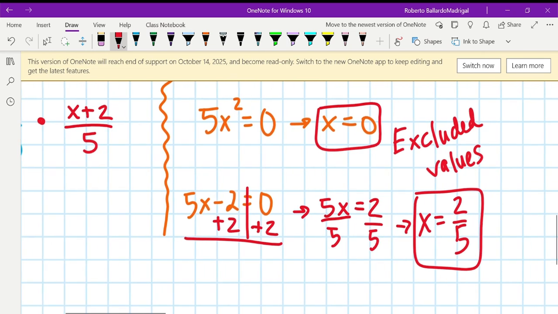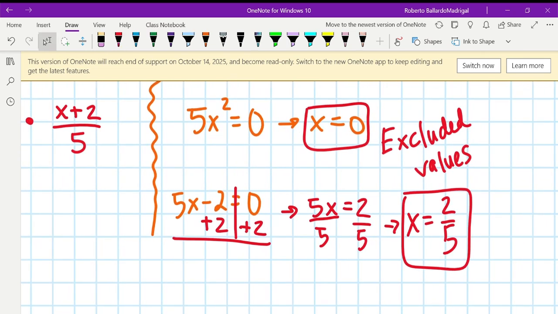So go ahead and write out your excluded values. Take about 20 seconds. And then we'll move back and cancel out whatever we can cancel out from over here. You guys good with this?